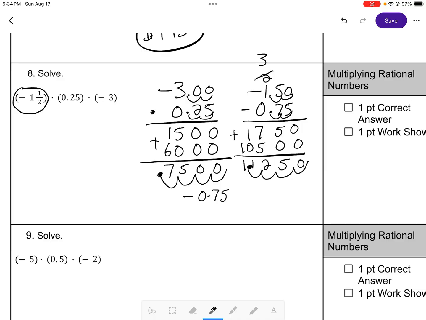And now I need to determine if my answer is going to be positive or negative. Now, I forgot to add that negative on in the first place there. But when I multiply two negatives, I know that my answer is going to be positive. So my final answer to number 8 should be positive 1.125.